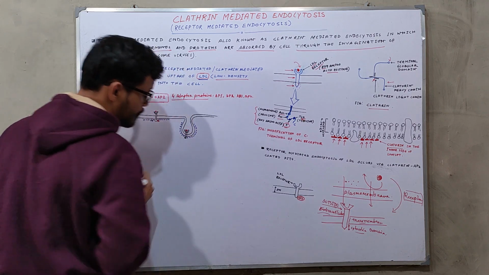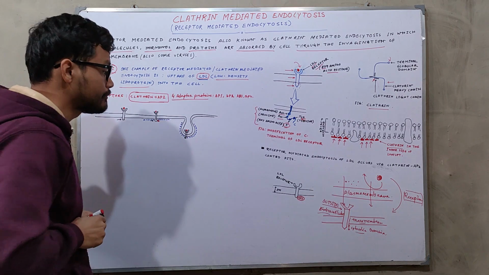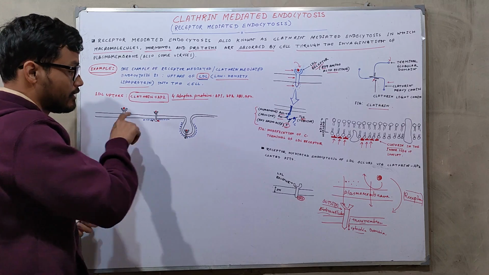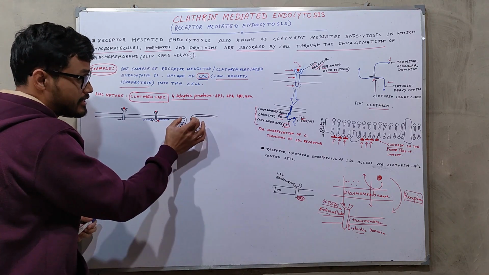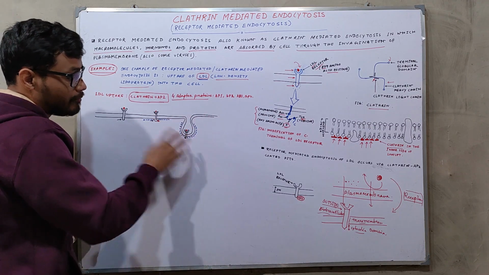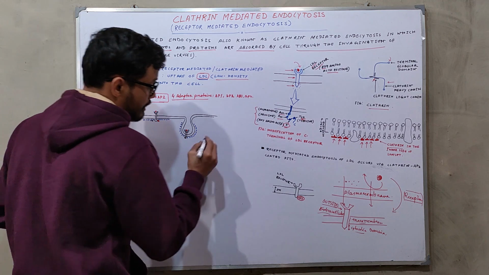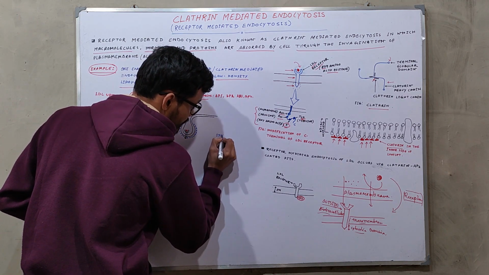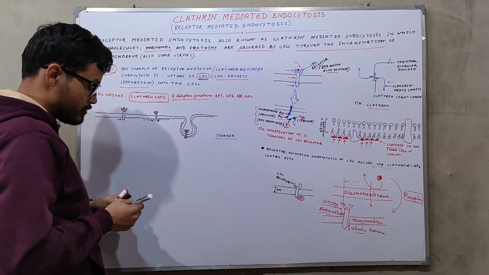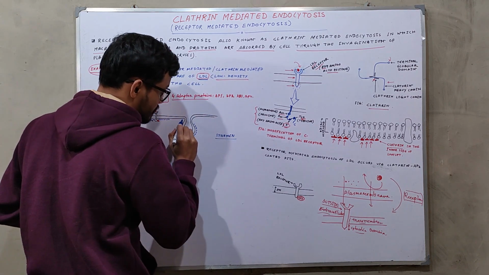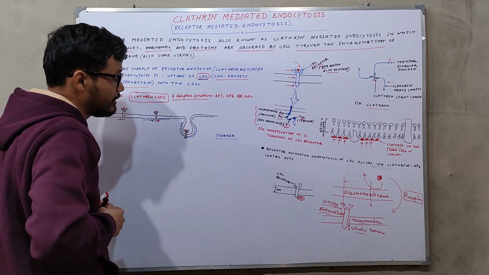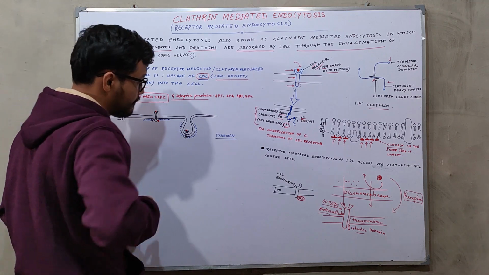But here comes the main problem, that it cannot pinch itself off by the help of clathrin. That means the vesicle cannot pinch off from the plasma membrane and create a compact vesicle. For this reason, another protein known as dynamin comes into play. Basically dynamins are arranged or accumulate in the neck region of these growing vesicles.